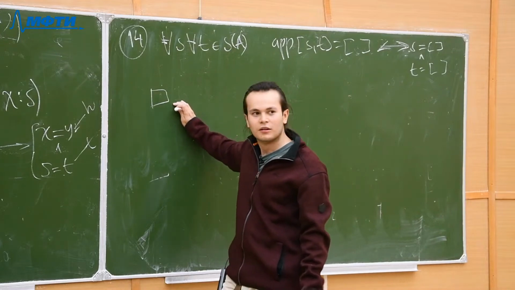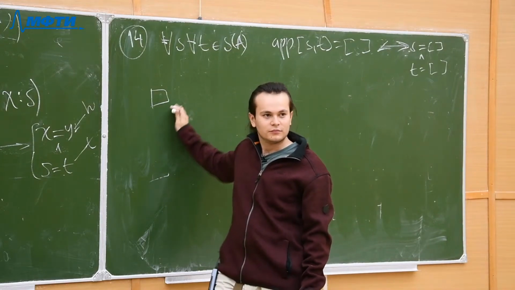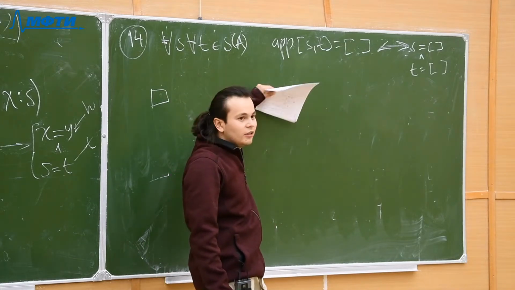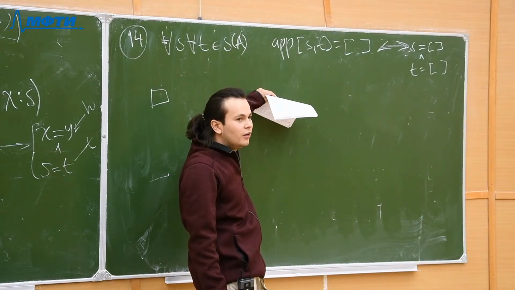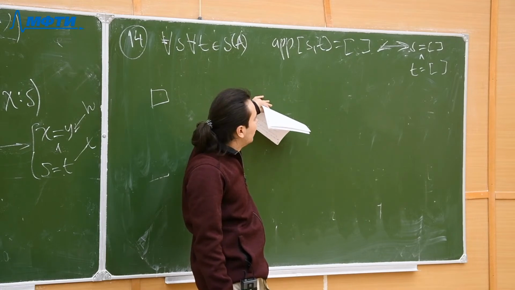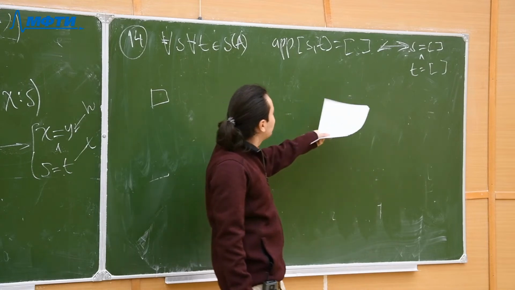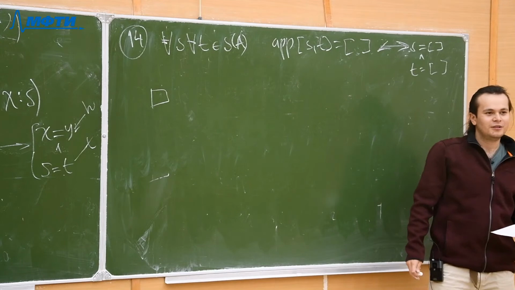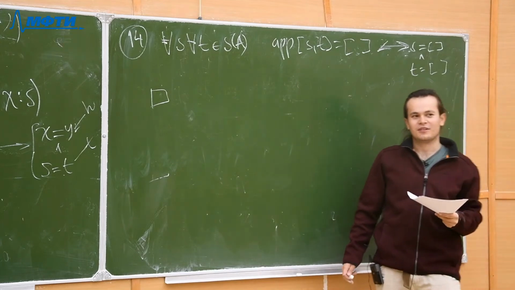Let's suppose that the left element is false and the right element is false. But no, we have to suppose something else. If we have false and false, then we obtain that this is true. You see it?